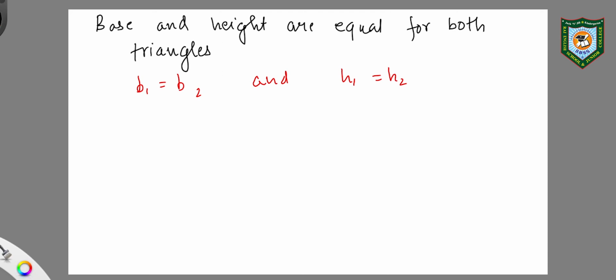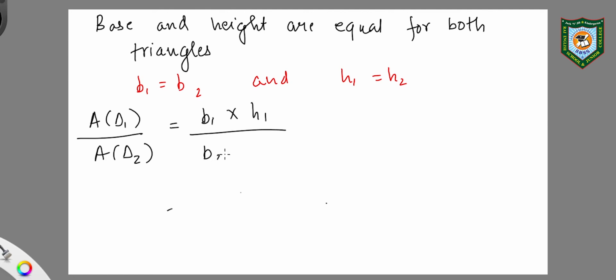So this implies that area of triangle 1 divided by area of triangle 2, as we know the formula, is b1 into h1 divided by b2 into h2. Now all I have to do is cancel out the values. b1 and b2 are the same, so I'll just cancel them out, and h1 and h2 are the same, so again I'll just cancel them out. So what I'm left with is equal to the value 1.